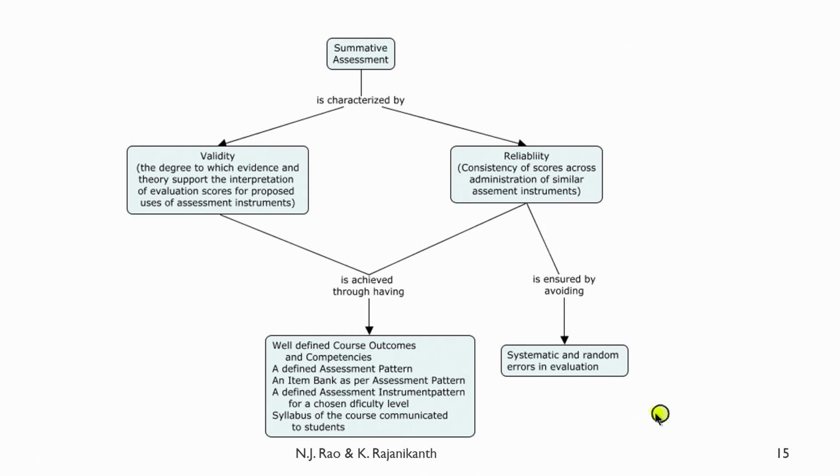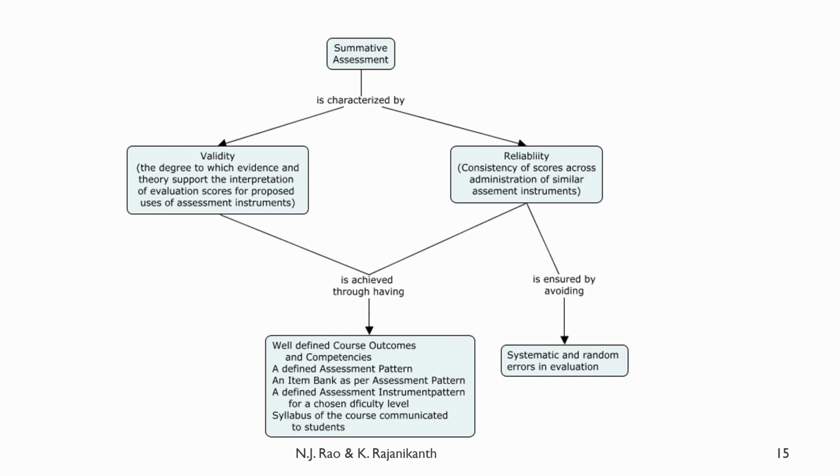What do they consist of? Systematic and random errors in evaluation. If two evaluators give totally different marks for something, or there are random factors that come in when the students are responding to a given question paper, the conditions are not equivalent.